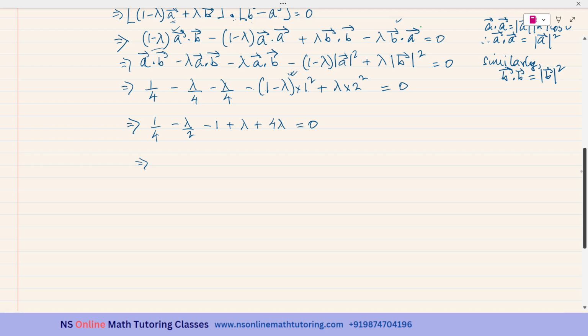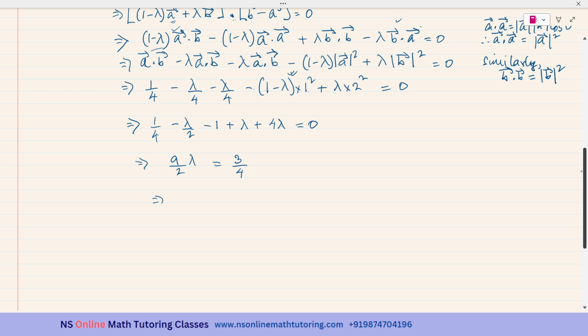so 4 lambda plus 1 is 5 lambda minus half lambda is 4.5 lambda, okay, which is 9 over 2. So 9 over 2 lambda equal to 1 over 4 minus 1, which is minus 3 over 4. And if I add 3 over 4 to both the sides, we get equal to 3 over 4.